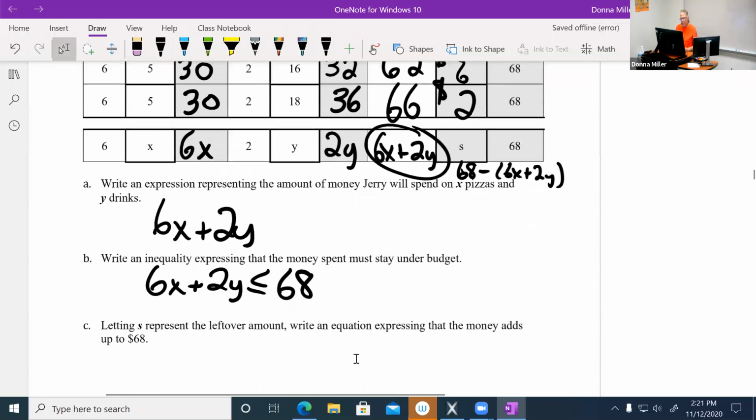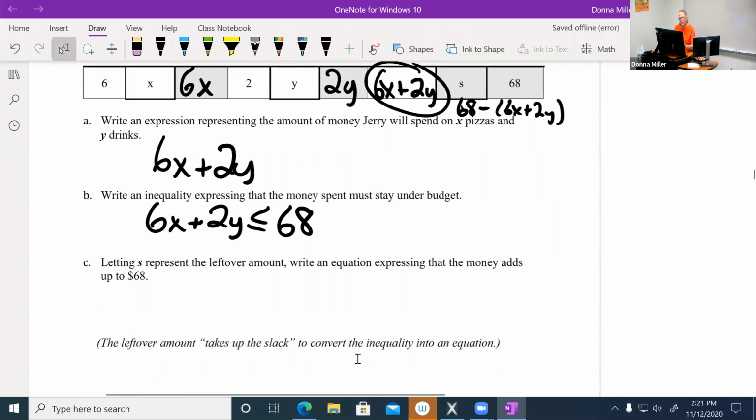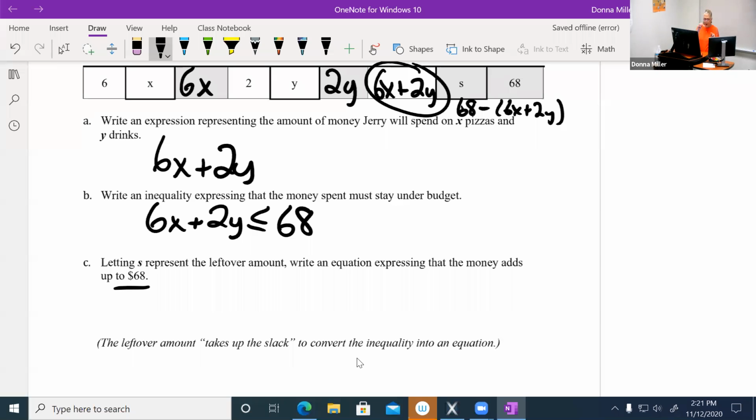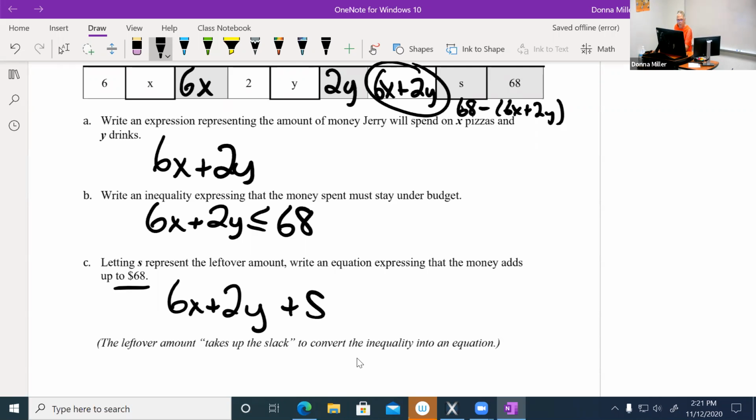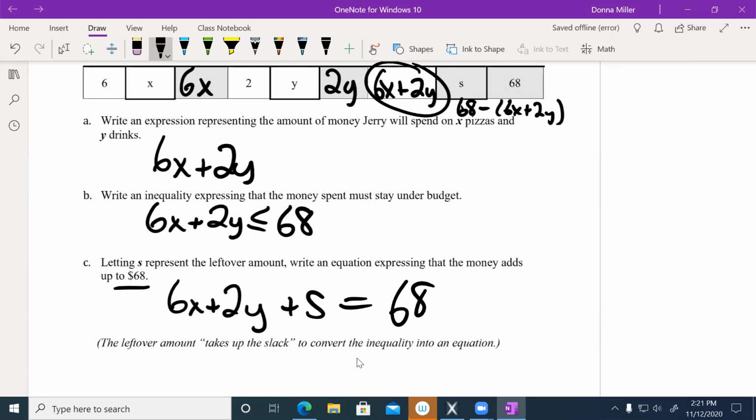Letting S represent the leftover, write an equation expressing how the money adds up to 68. This is what you're doing with slack variables when you're adding S1, S2, S3. You're adding the leftover so that now it equals exactly whatever your budget is. So I would take the money I spent on pizza and sodas, add the slack variable, whatever's leftover money, and that has to equal $68. So that's why you add those slack variables.